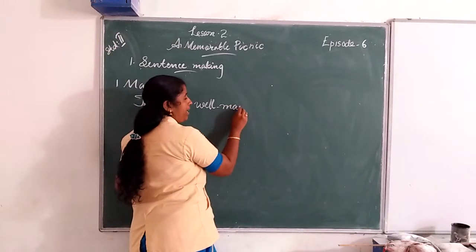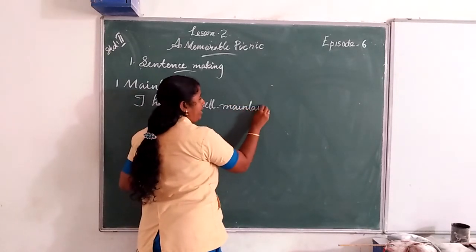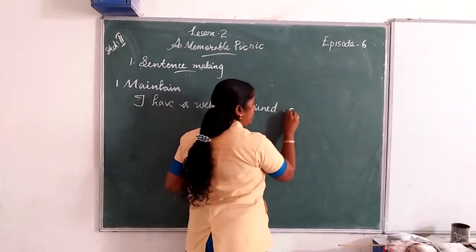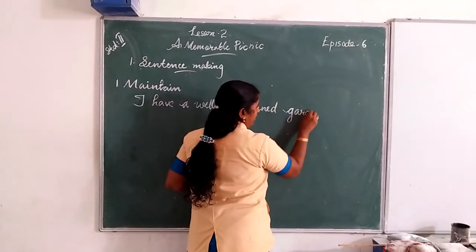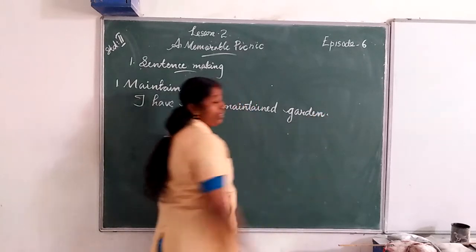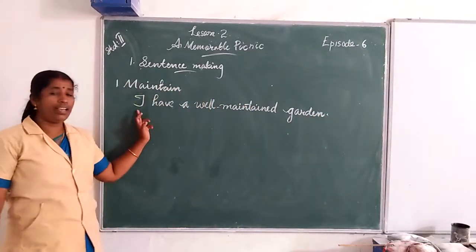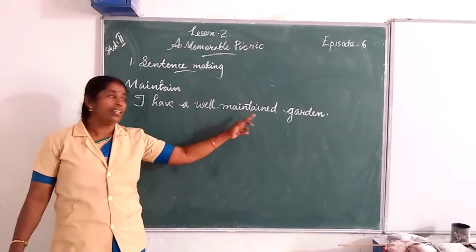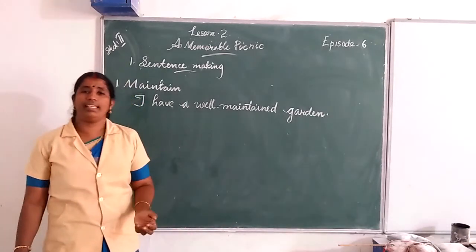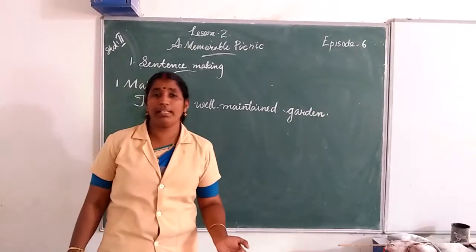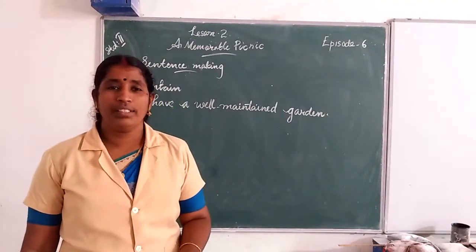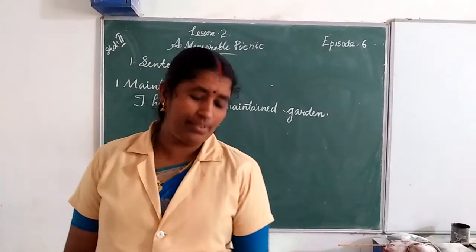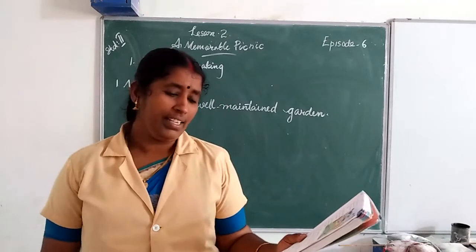Well-maintained, M-A-I-N-T-A-I-N-E-D, well-maintained garden, G-A-R-D-E-N. We finished. I have a well-maintained garden. Do you have a well-maintained garden in your home? Okay, how many of you have? Okay. I have a well-maintained garden.